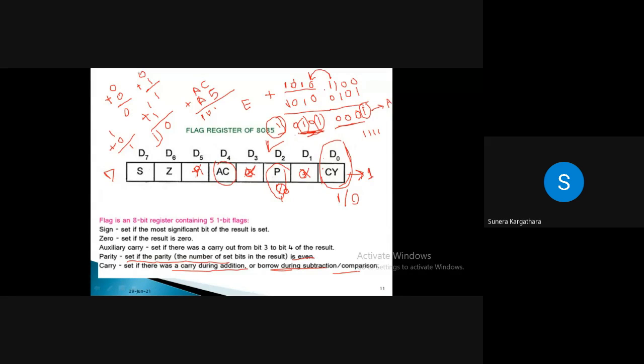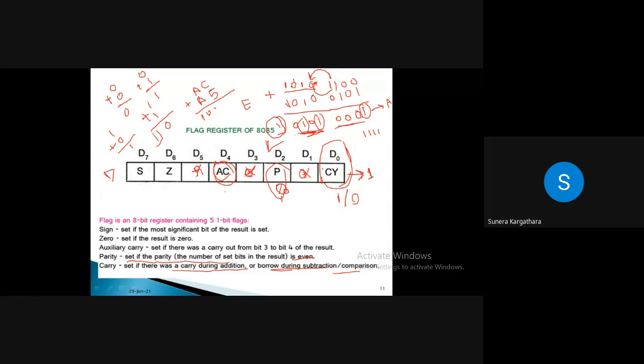If your carry is propagated from the lower nibble to the higher nibble, from here to here, that means your auxiliary carry flag will be set to 1.